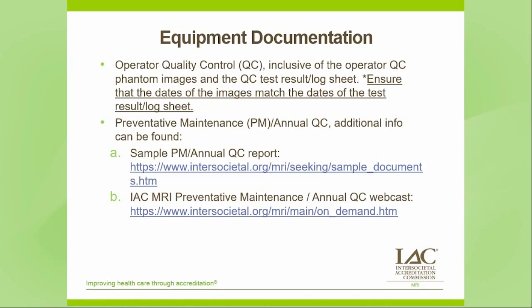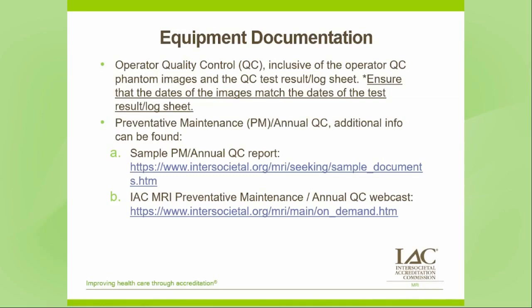An example of this, it happens pretty often that an engineer or physicist will come out and say in the report that a coil is broken or some aspect of the MRI unit is malfunctioning in some way. And in most cases, I feel pretty strongly that facilities have already had it repaired, but they just forget to turn in the repair record to accompany the PM or the annual physics QC survey.